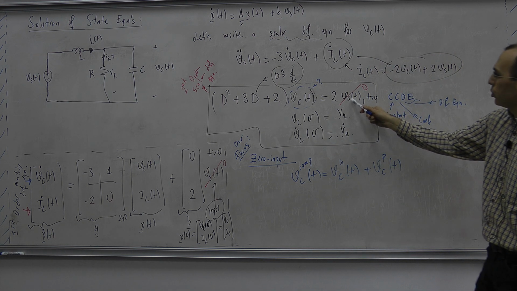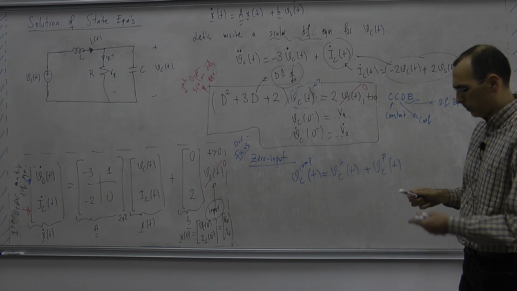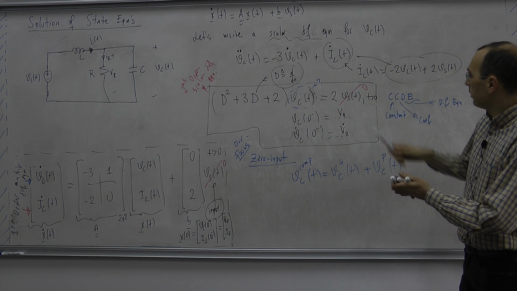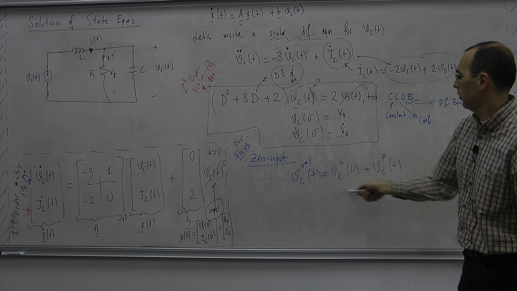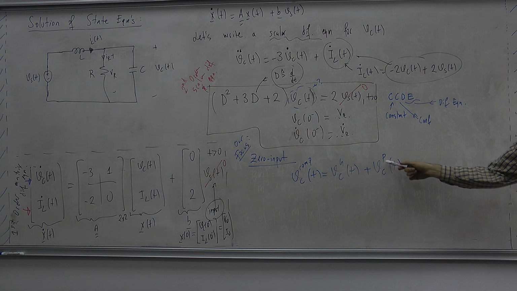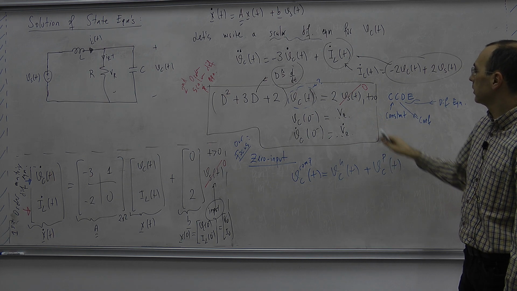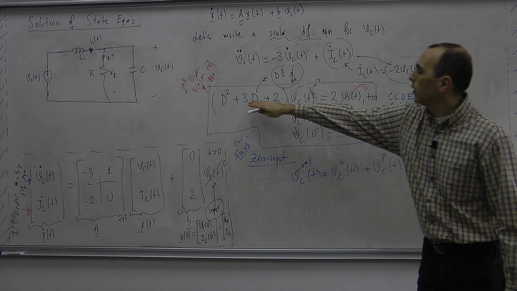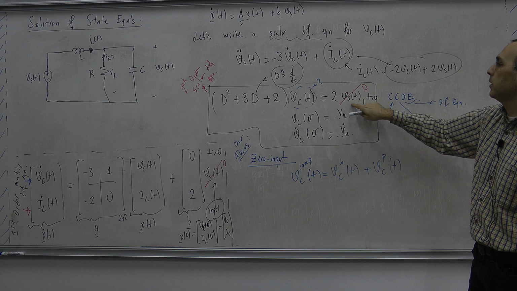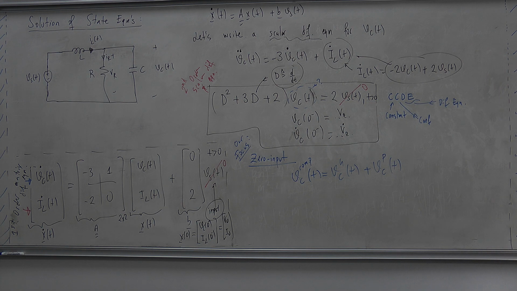Well, homogeneous solution is when the right-hand side is equal to zero. So when the right-hand side is equal to zero, we try to get this one. Particular solution is, well, we try to find a function such that this differential equation is satisfied when the right-hand side, Vs of t, is present.